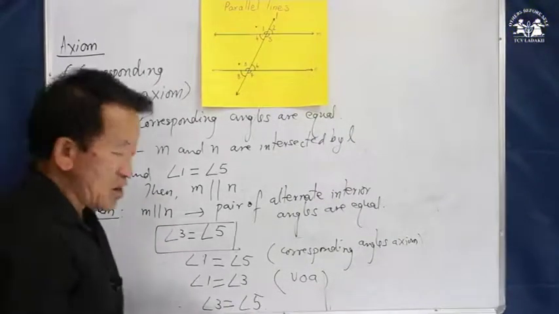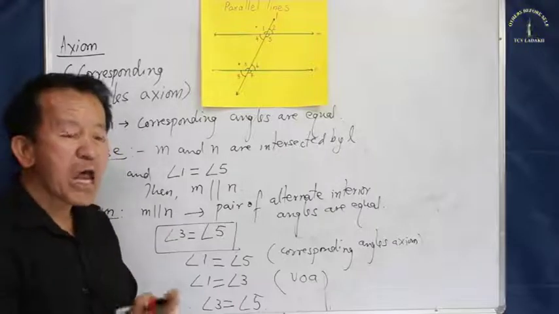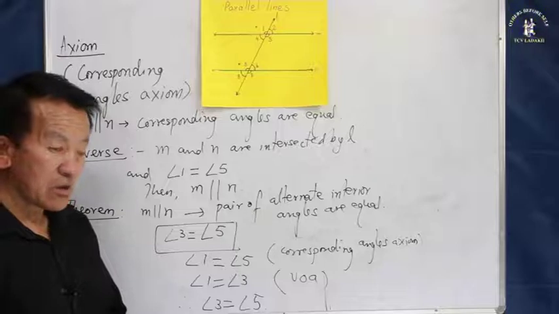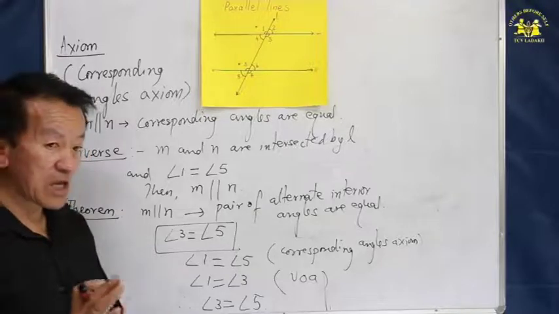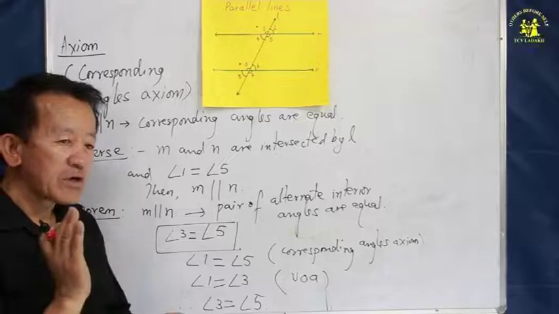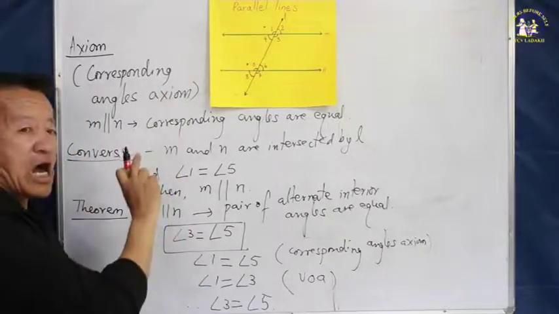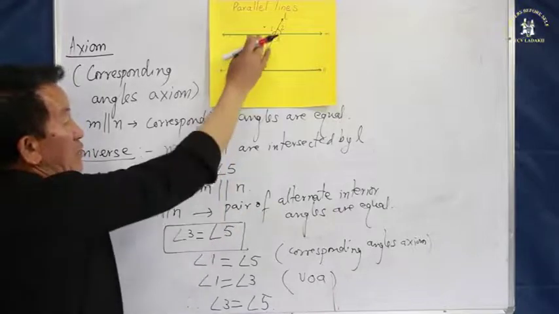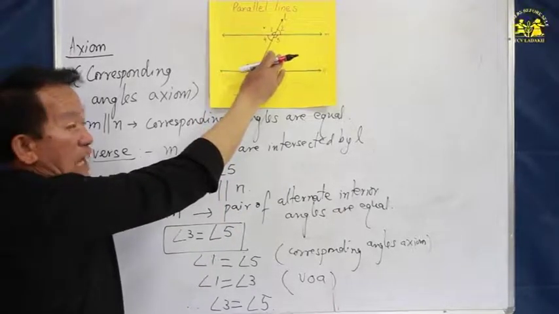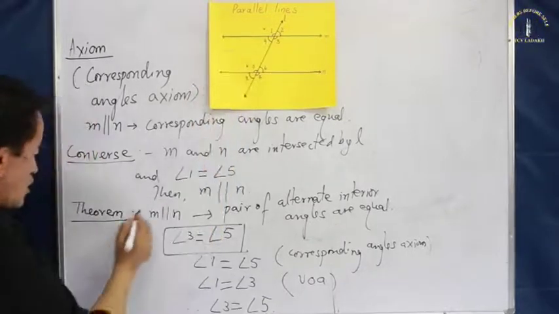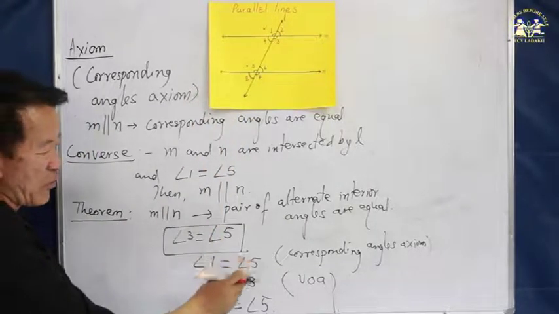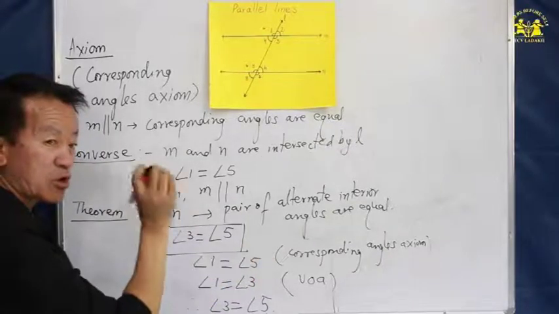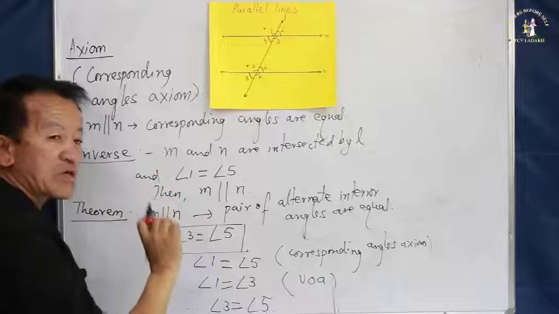And these two angles form a pair of alternate interior angles, right? So if two lines are parallel, then a pair of alternate interior angles are also equal. So we can also conclude that angle 4 will also be equal to angle 6. In the case of alternate interior angles, we also have two theorems, one the converse of the other.